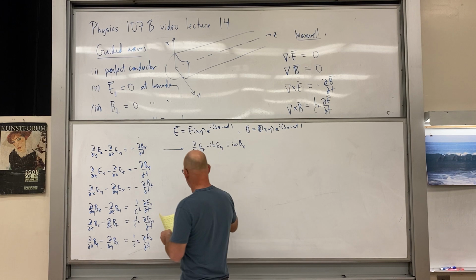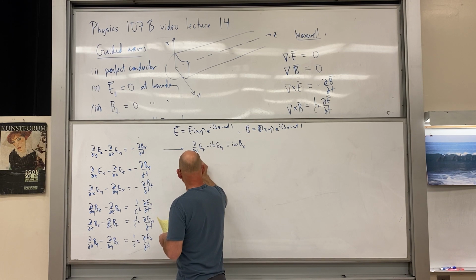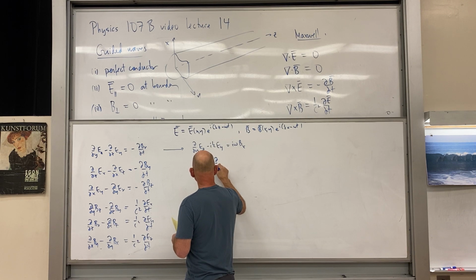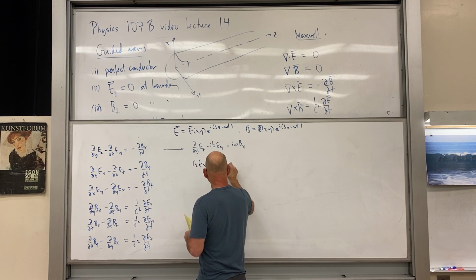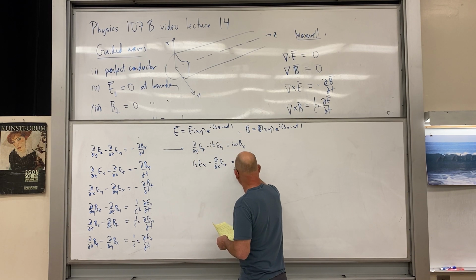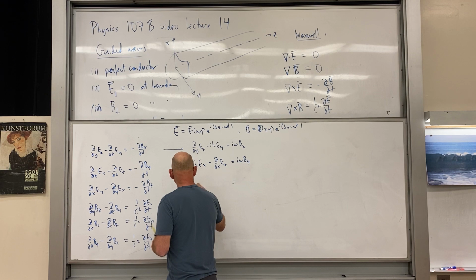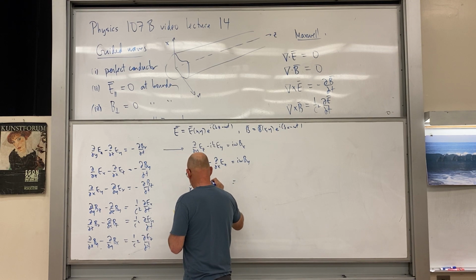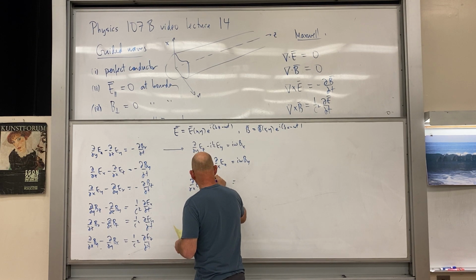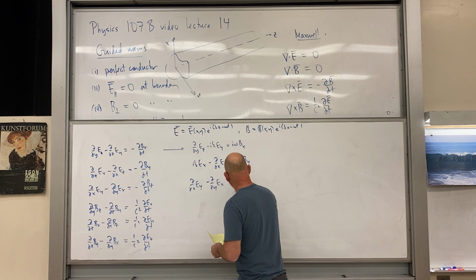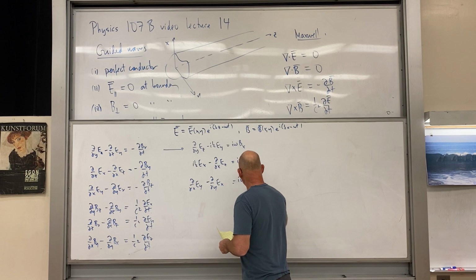And I'll just write these out now so that I have ik E x minus d/dx E z equals i omega B y, and d/dx E y minus d/dy E x is equal to i omega B z.